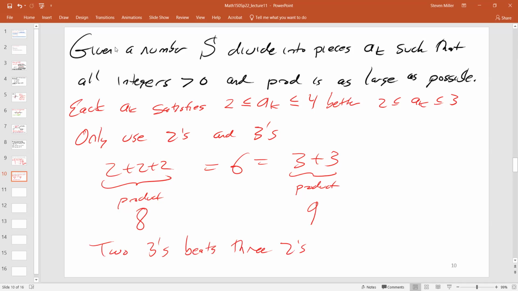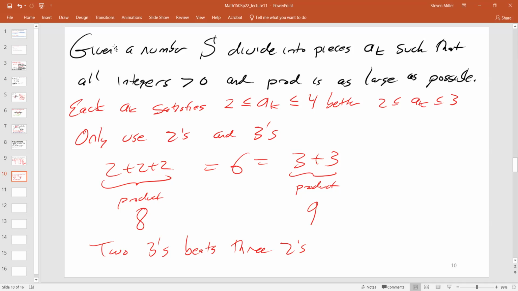Anybody know any interesting numbers involving or near 2 and 3? The most important numbers in all of mathematics. Pi is just over 3, so pi is not between 2 and 3. E, do you know approximately what E is? 2.718281828.